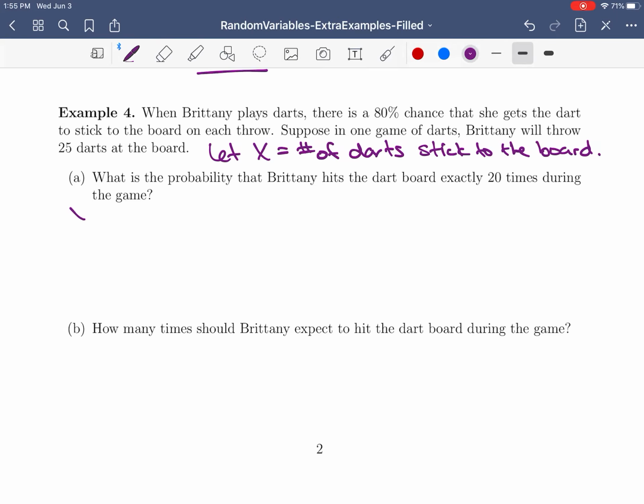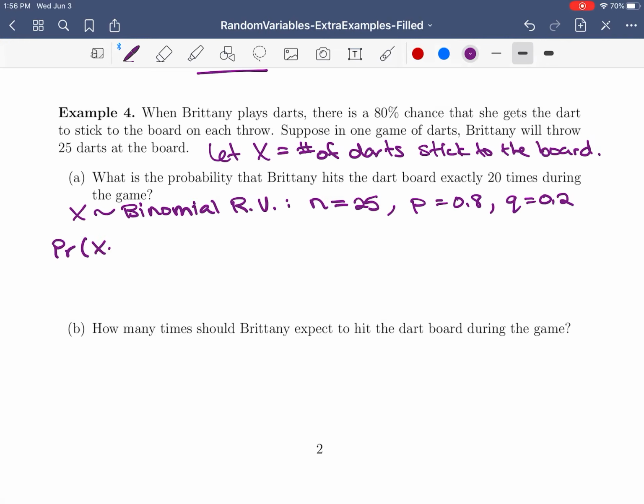Okay, then x is going to be a binomial random variable. Now here, n is the number of throws, so she does 25 per game. The probability of success, there's an 80% chance, so it's going to be 0.8. So that means there's a 20% chance that she misses the board or doesn't stick to it. So that's 0.2. And then what we're looking for is the probability that x equals 20.